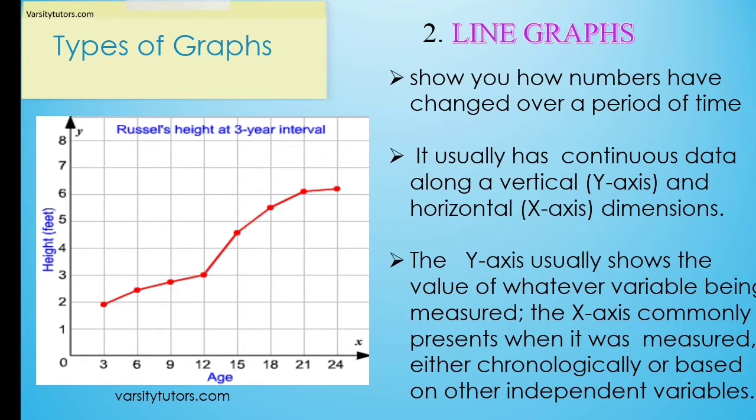Number two is a line graph. A line graph shows you how numbers have changed over a period of time. It usually has continuous data along the vertical, the y-axis, and the horizontal, the x-axis dimensions. The y-axis usually shows you the value of whatever variable is being measured, and the x-axis commonly presents when it was measured, either chronologically or based on other independent variables.